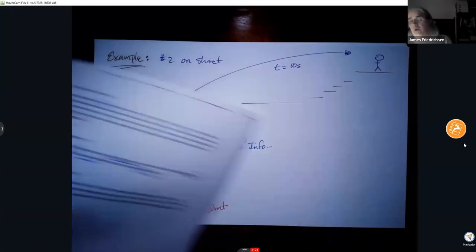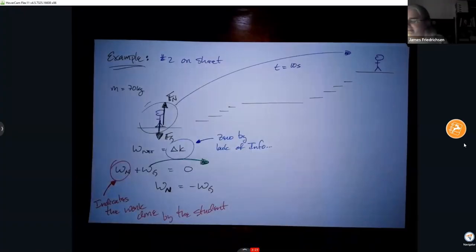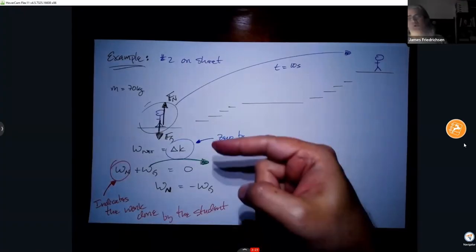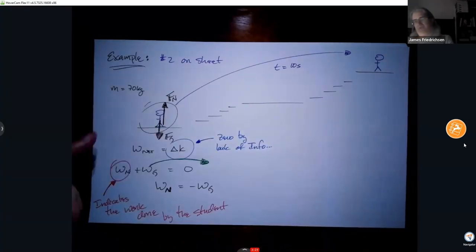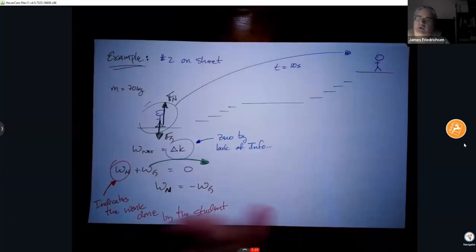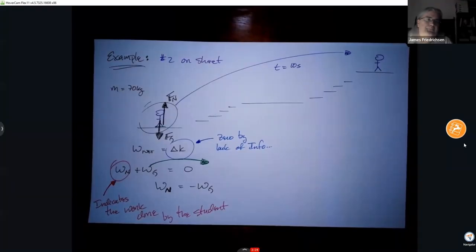And that's how we walk, is essentially that idea: we push back on the floor so that the floor pushes forward on us so that we move forward. If we don't push back, the floor doesn't push forward. Again, unless it's the people movers in the airport or whatever.